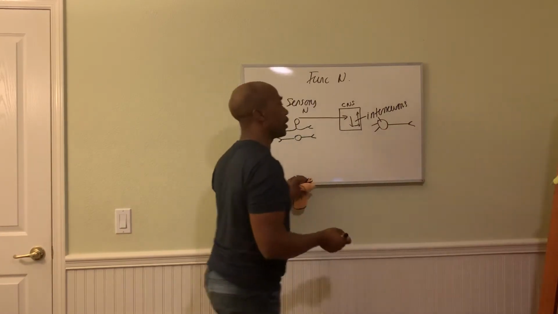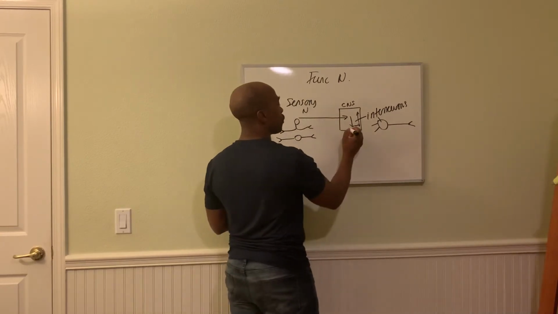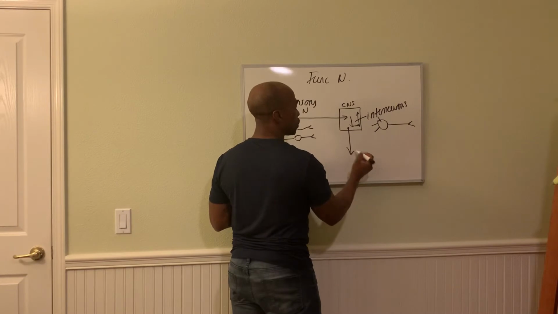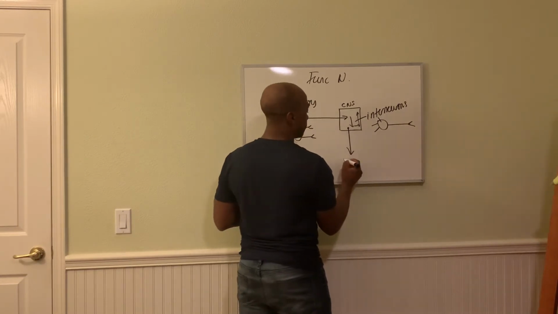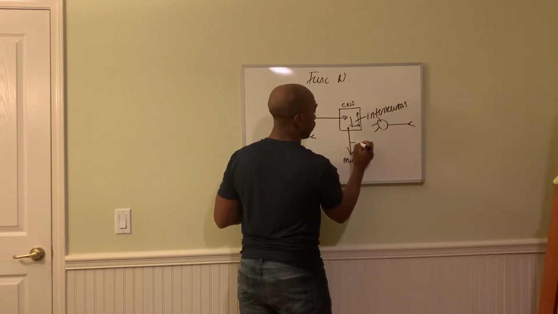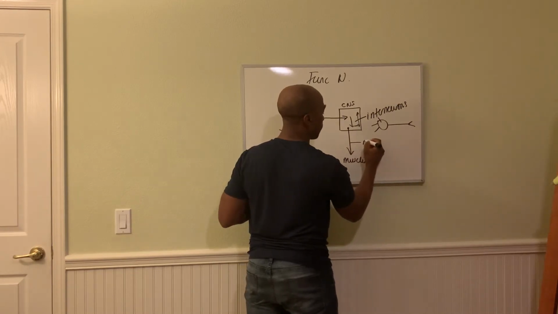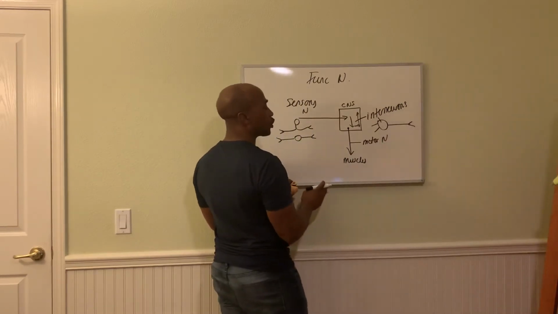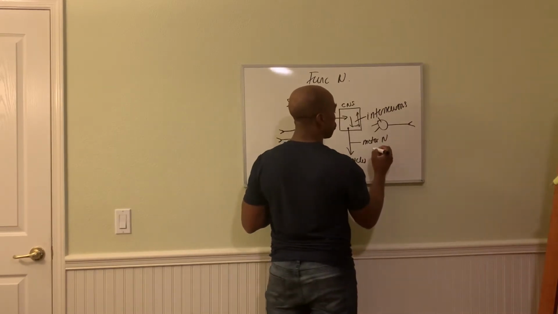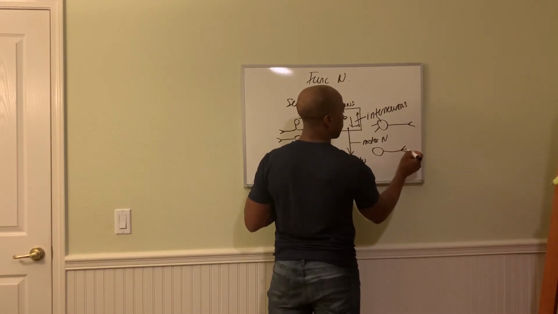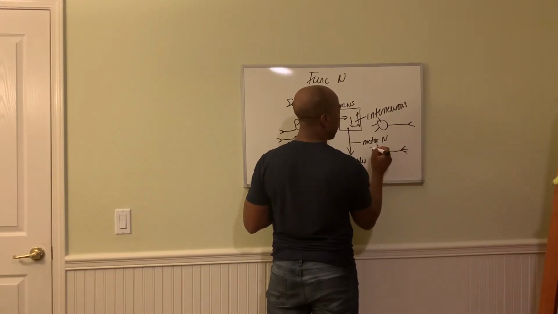And those are interneurons. And then you have neurons that leave the CNS to go to your muscles. So these neurons we call your motor neurons. And these neurons also will have the structure of a typical multipolar neuron.